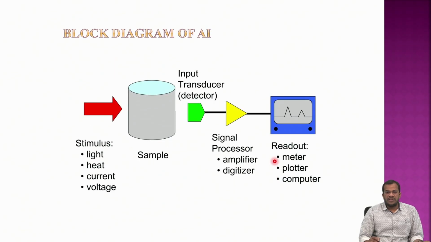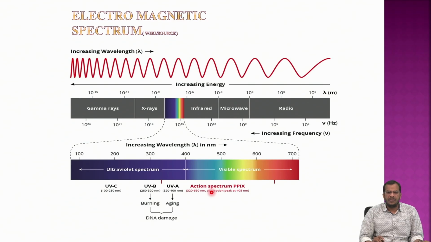Now, any block diagram of analytical instrumentation is completely based upon the electromagnetic spectrum. What is an electromagnetic spectrum? The electromagnetic spectrum comprises all different types of wavelengths or radiations.